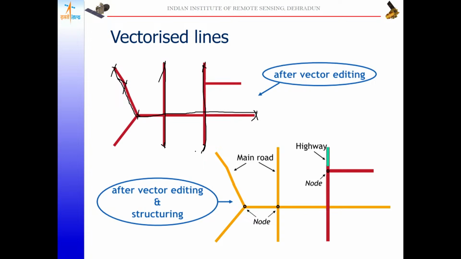So when the road is created in this form, or the line is digitized in this form, the next step is the feature forming or editing step. Because in reality, if you see at a very broad level, all roads are connected, but names of the road change after a certain junction.